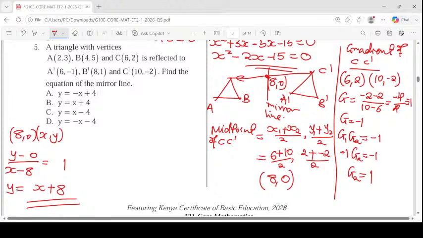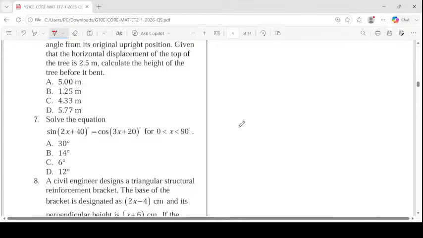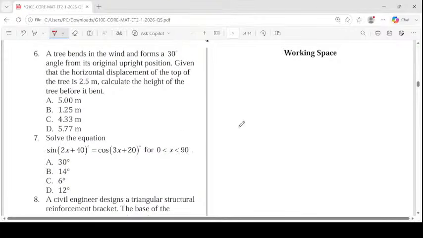Y should now be equivalent to x minus 8 for that particular question. Let's look at the next question. That is question number 6.